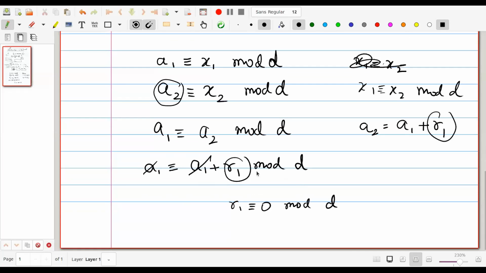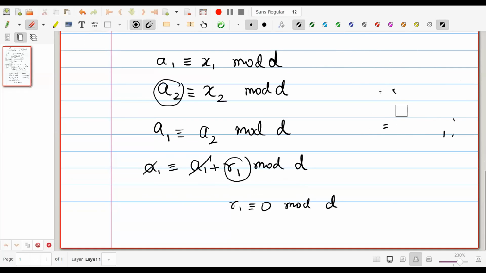Now, can I say this for all consecutive numbers? Yeah, I can take any Ai and Ai plus 1. So I will have Ai plus 1 is equivalent to A of i mod D.